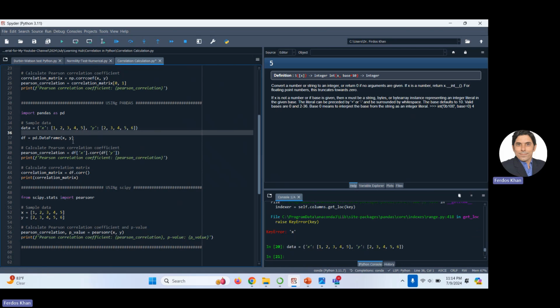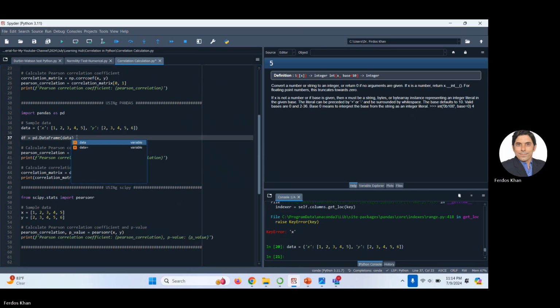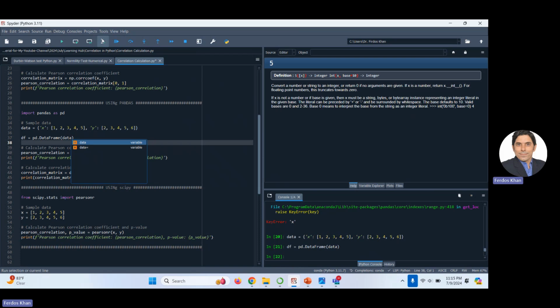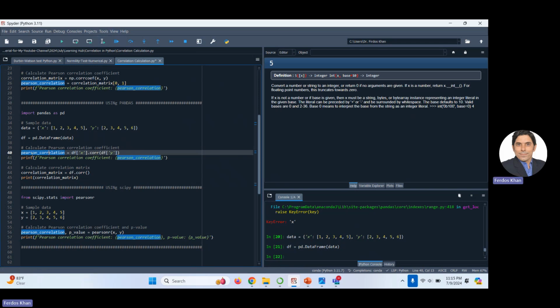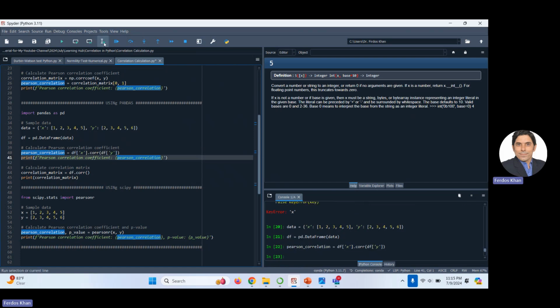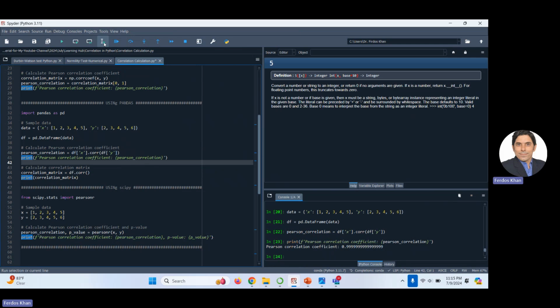So now you can generate this data frame, but remember that this is data, so you need to write data here instead of X and Y. Okay, run this. Okay, it's perfect. Now you need to calculate the Pearson correlation, df x dot corr df y. The syntax is different, and now you can print the correlation values.